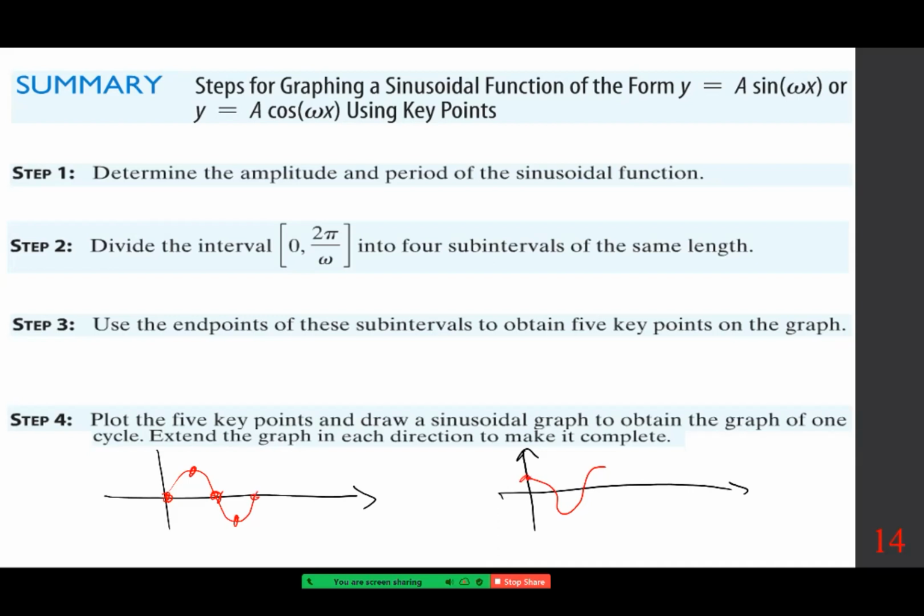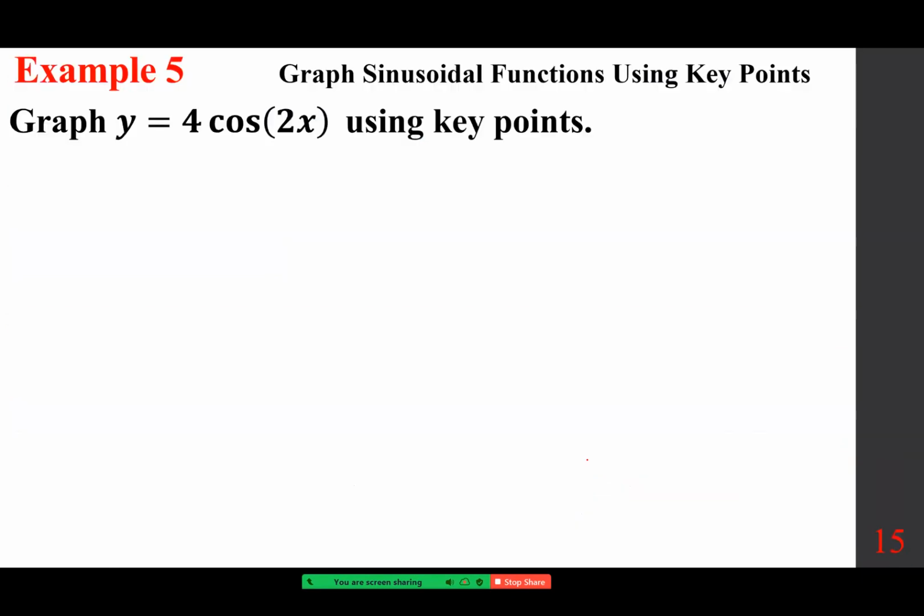For cosine, we want these five points as well. Those are the points, and we have 4 arcs: 1, 2, 3, 4. That's the idea. So let's make some sense out of this by looking at a couple of examples.